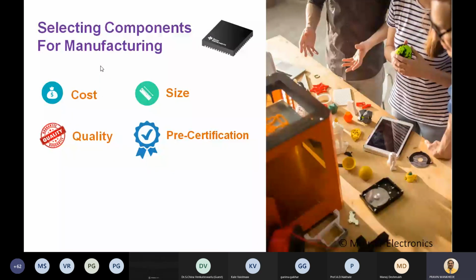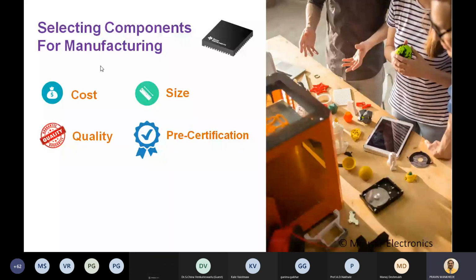So what we can do is try to buy components which have pre-certification. What it actually helps with is that we can reduce the time to market of the product, and we can also easily certify our final product.